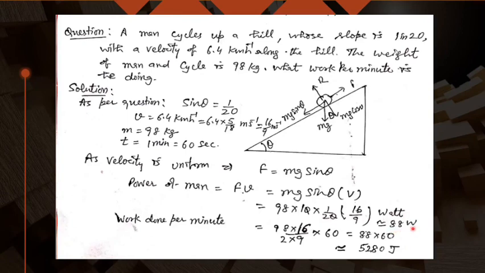So the power which I am getting is 88 watt, and if you want to find the work done per minute, then you can multiply this with the time per minute, meaning 60 seconds, and you can get the work done, which comes out to be 5280 joules.